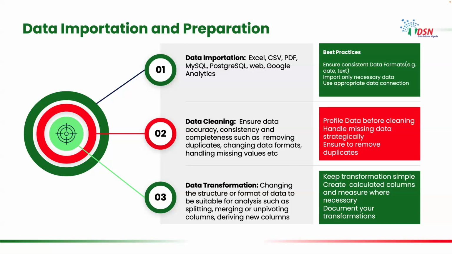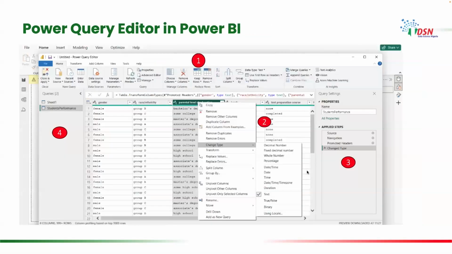So ensure that you are bringing in only what you need for your reports at every point in time. If not, you are going to slow down the time it takes to refresh. You're going to slow down your reporting format, how the model is working, and your connection. Also make sure that you are using an appropriate data connection.